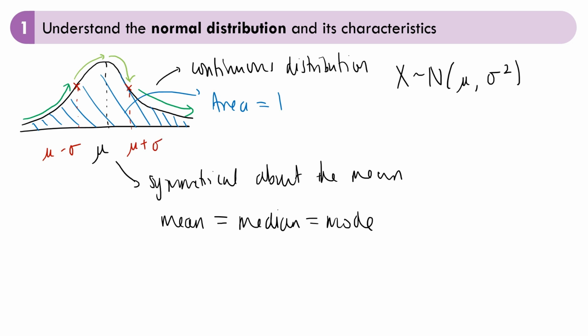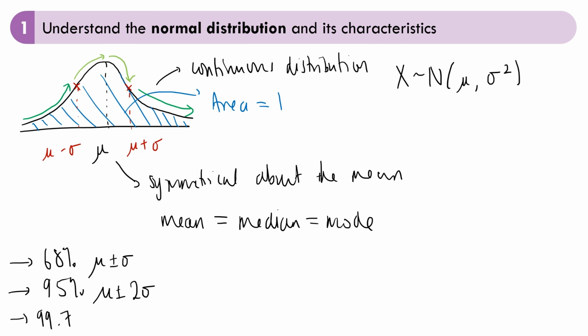We also need to know some key statistics to do with where the data lies. So we need to know that approximately 68% of the data lies within one standard deviation of the mean. 95% of the data lies within 2 standard deviations of the mean, and finally 99.7% lies within 3 standard deviations of the mean.